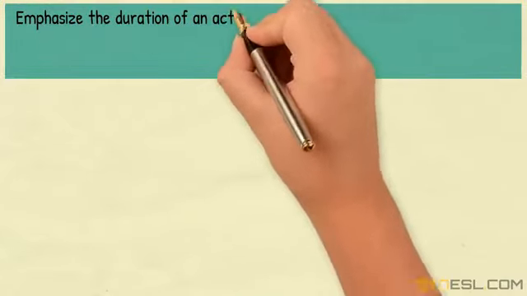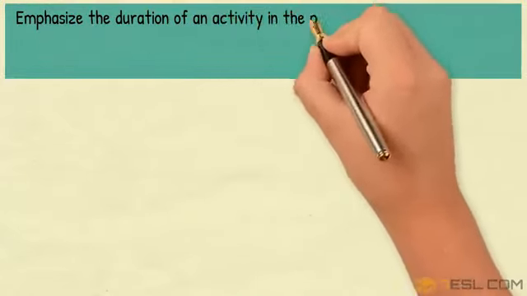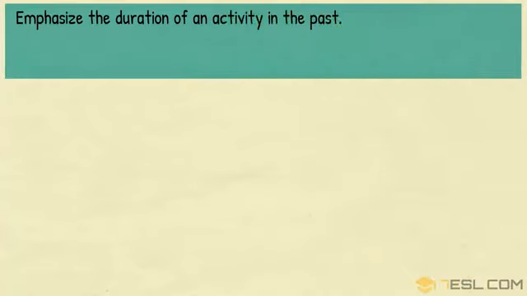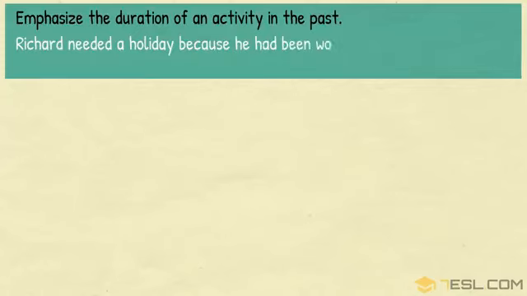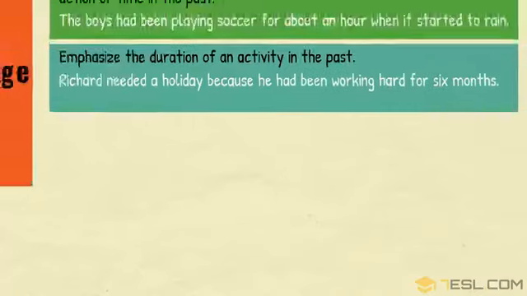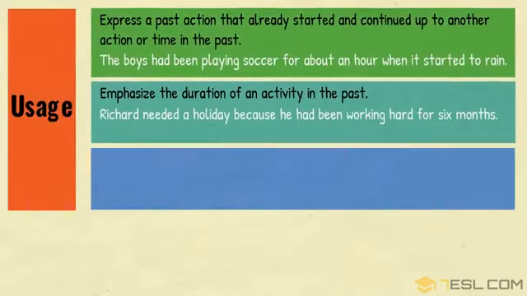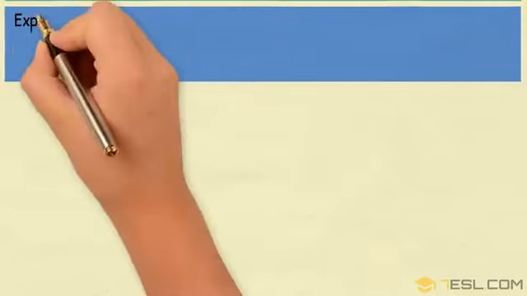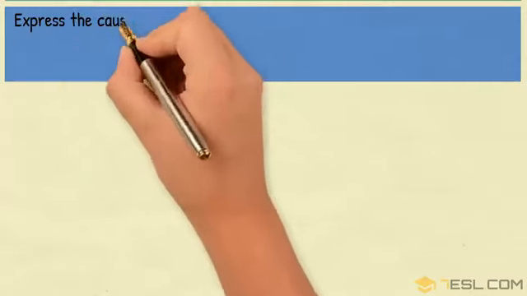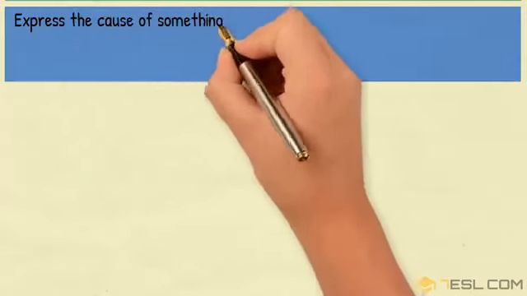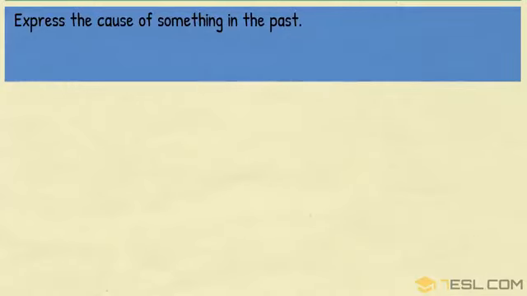Emphasize the duration of an activity in the past. Richard needed a holiday because he had been working hard for 6 months. Express the cause of something in the past.